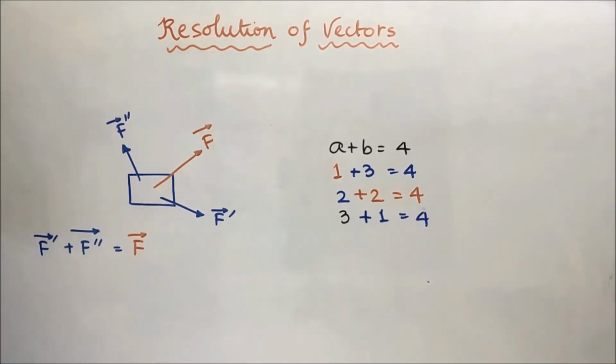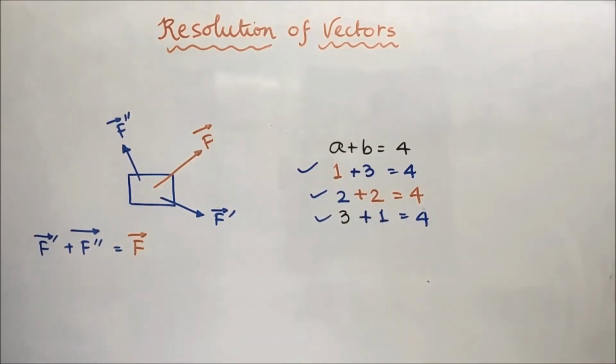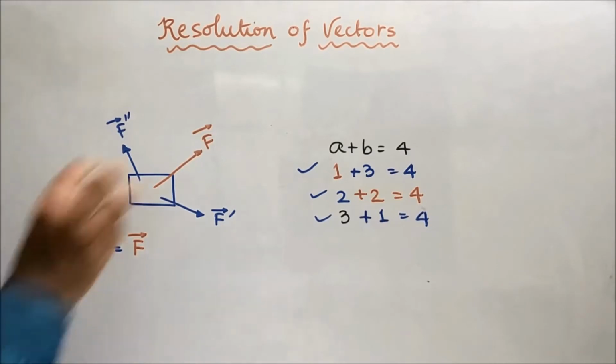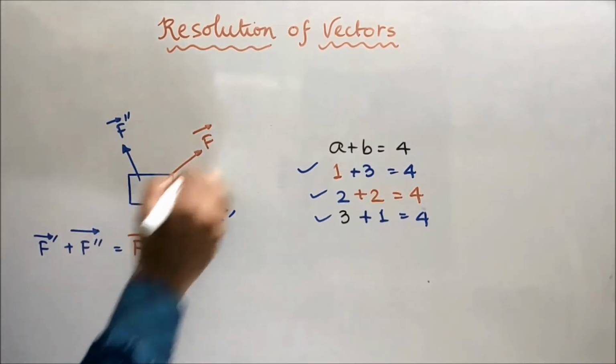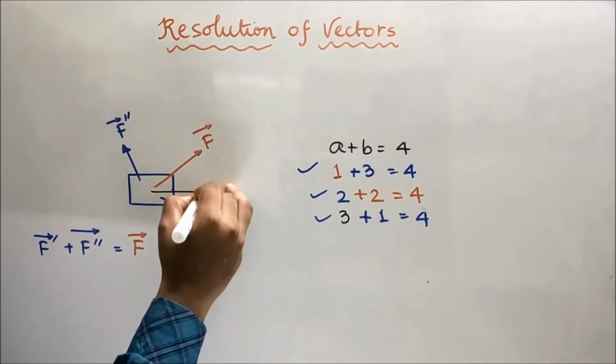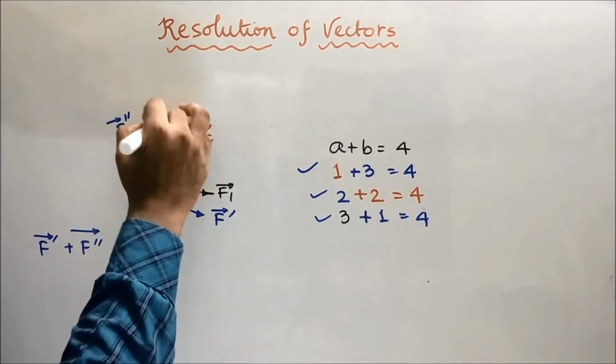Which of the following is correct? All are correct. In the same way, if F dash and F double dash are not given or not visible, and if I ask what could be the reason for this force, different students will give different answers. One student may say F is because of F1 and F2.